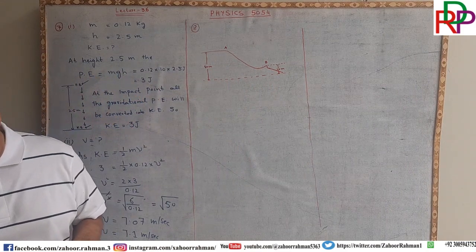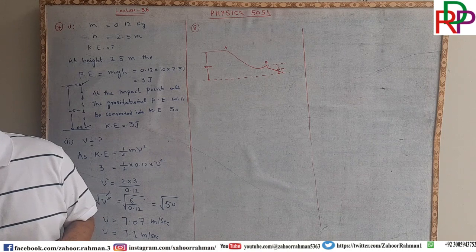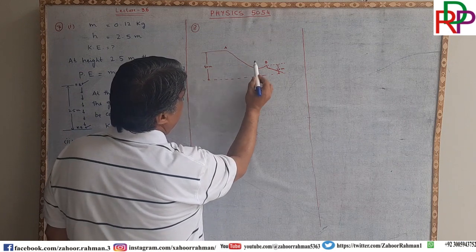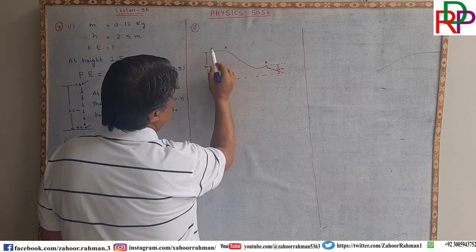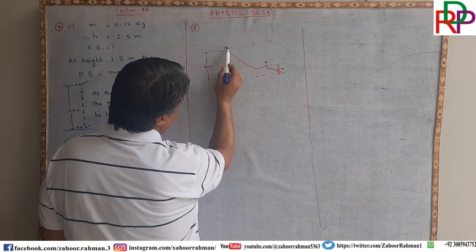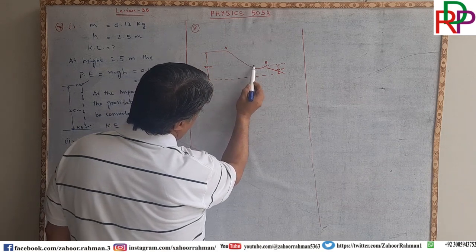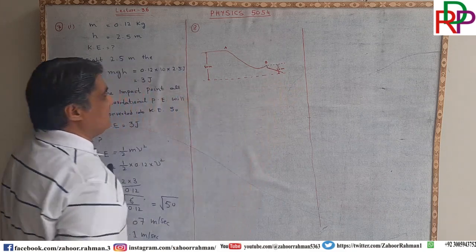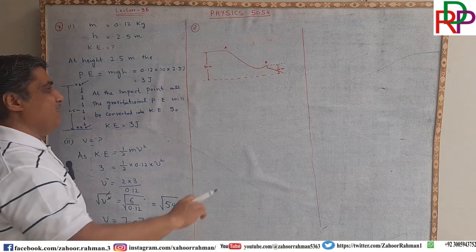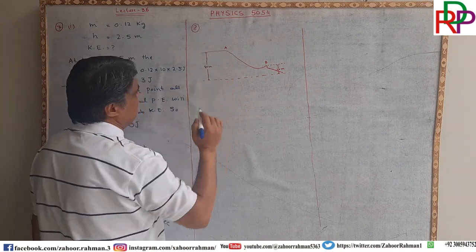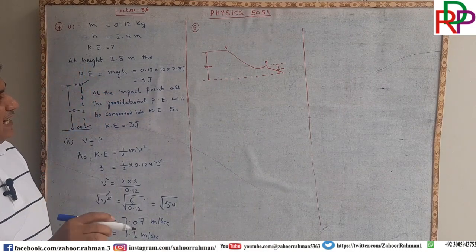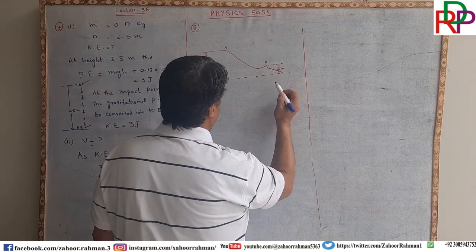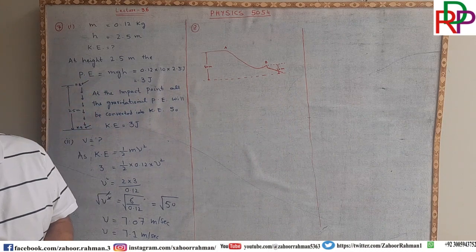There is a skier jumping, point A and B. The skier is starting from here and all the way coming down, and when he is ready to jump, that point is considered to be B. A point is 80 meter above the ground level, and the jumping point B is 20 meter above the ground floor.